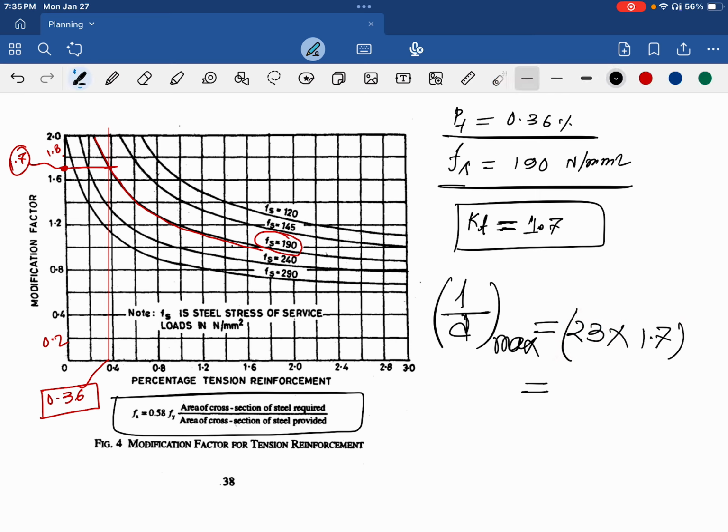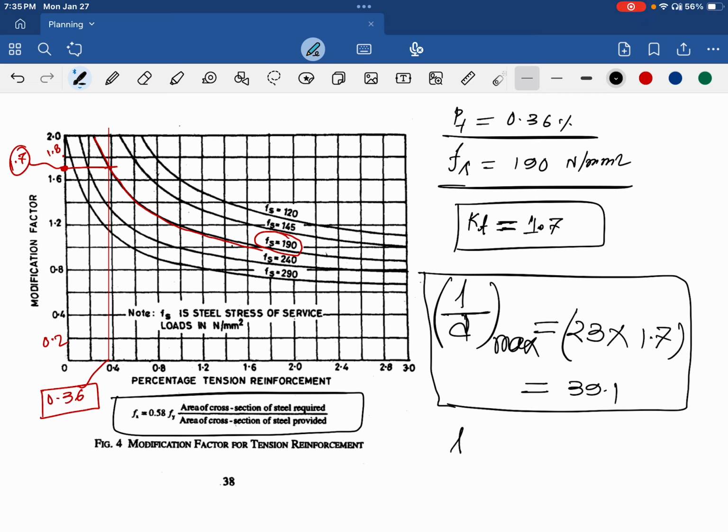How much will it be? 23 multiplied by 1.7. It will be 39.1. So this is your maximum allowable span to effective depth ratio for our one-way continuous slab, the end span, that we have designed in the class. And now we have to check what L by d we have provided.